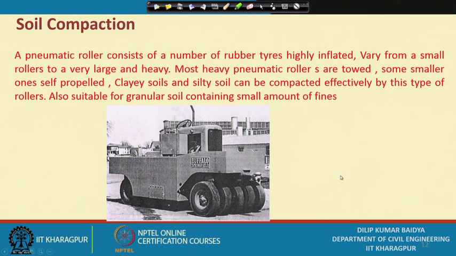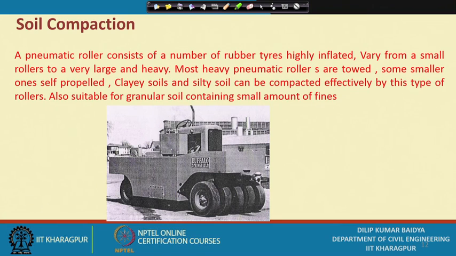And this is a pneumatic rubber tire roller. The pneumatic roller consists of a number of rubber tires, highly inflated, varying from small rollers to very large and heavy ones.